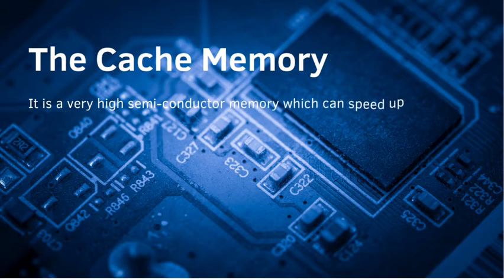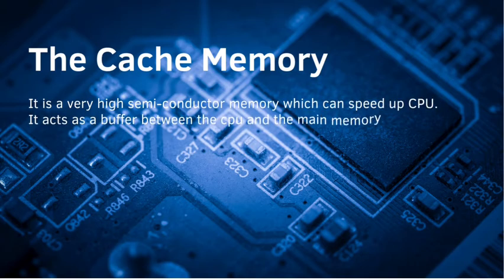Another memory that we would not run away from is the cache memory. Now, what's a cache memory? A cache memory is a very high-speed semiconductor memory which can speed up the CPU. It acts as a buffer between the CPU and the main memory. It is just like the RAM, but it's faster than the RAM.